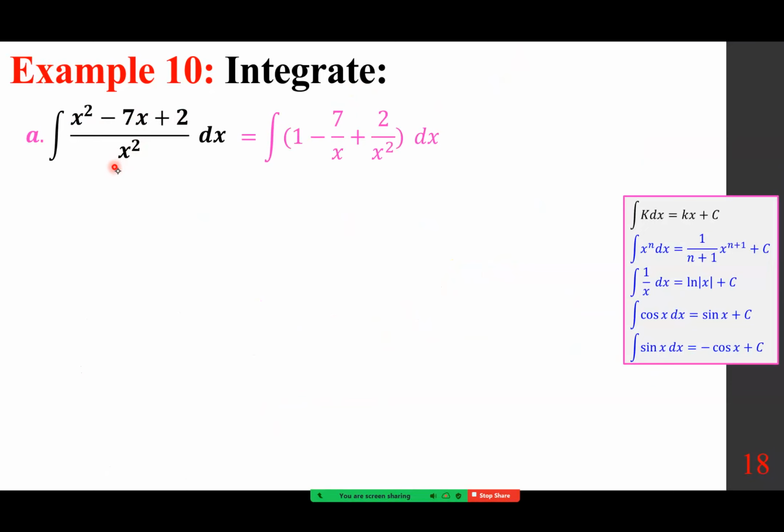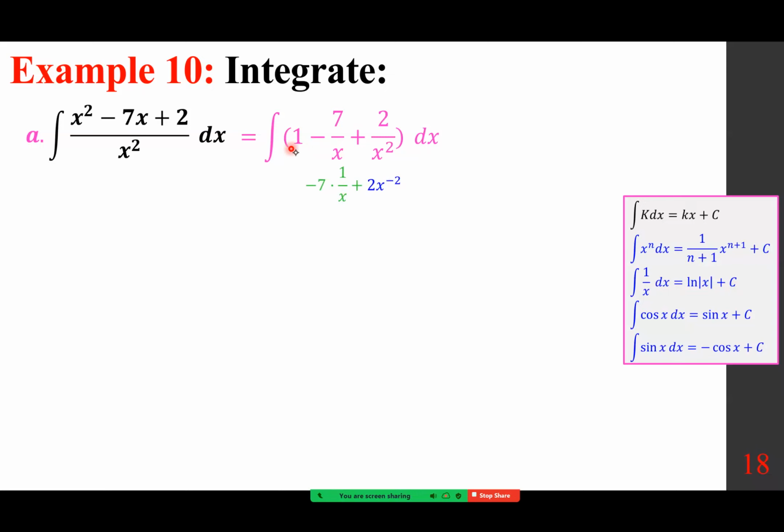Now, to integrate each part, we want to write it in a manner that it becomes clear. Remember, the integral of 1 over x dx is ln x plus a constant. So if you have it in a slightly different format, you want to recognize that, by the way, 1 over x is the same as x to the power minus 1. So we're going to write this as minus 7 times 1 over x because we want to recognize this. And this one, we're going to write it as 2x to the power of negative 2.